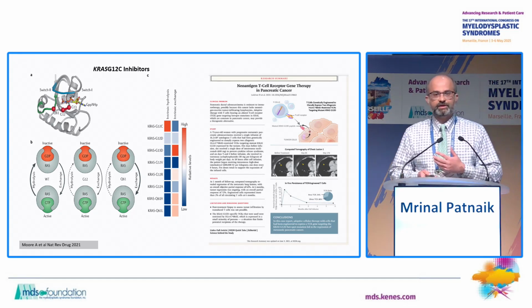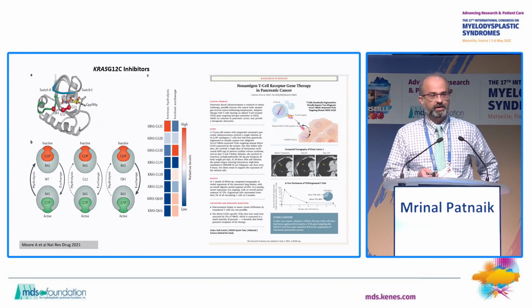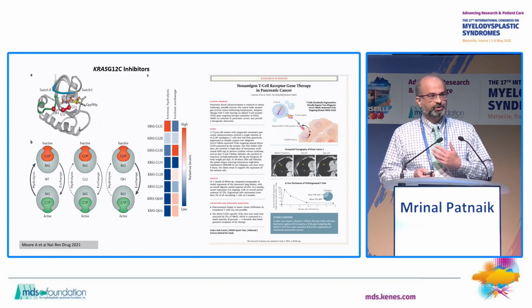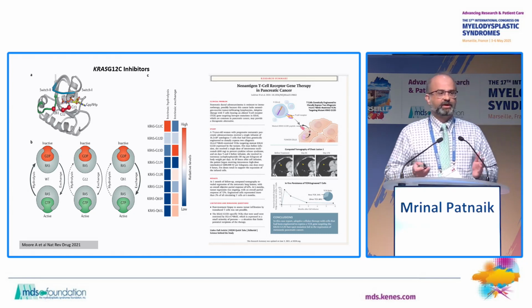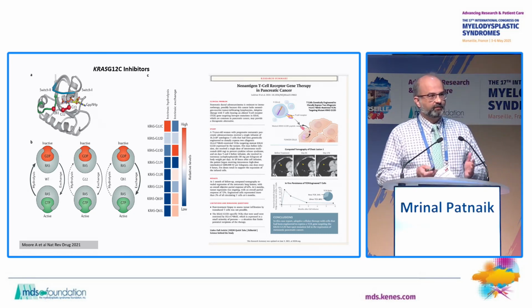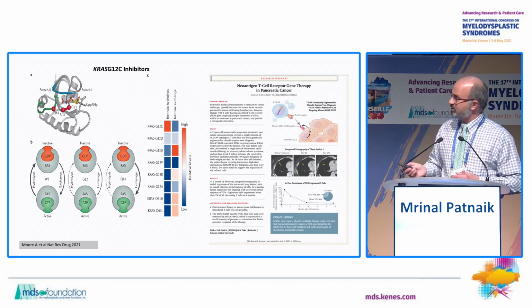And then, of course, this case report that came out in the New England Journal of Medicine a few months ago, showing that even CAR-T therapy in NRAS pancreatic cancer led to significant debulking of the disease, opening up avenues that we never thought were possible a few years ago when it came to RAS mutations.